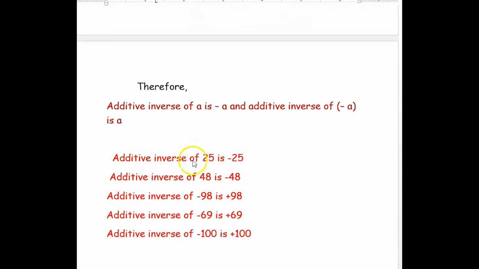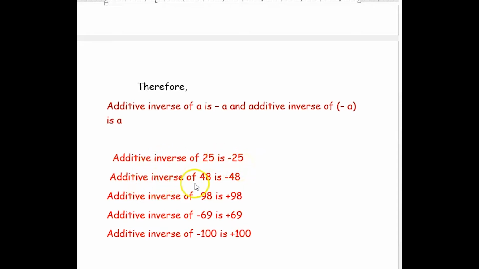The additive inverse of positive 25 is negative 25. When you add positive 25 with negative 25, the result will be 0. That is, 25 minus 25 is 0. So we can say that the additive inverse of positive 25 is negative 25.